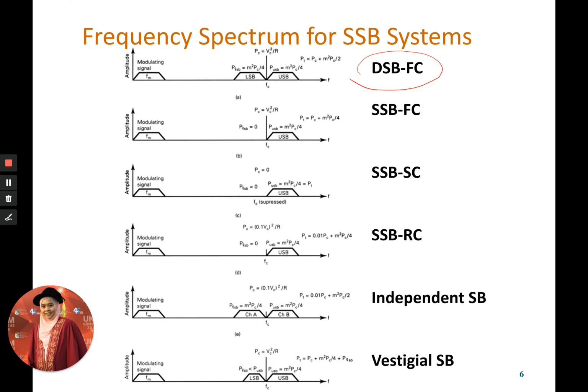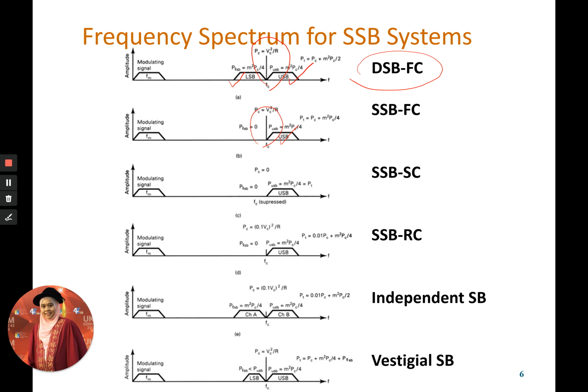It has double sideband, USB and LSB, as well as full energy on the carrier signal. But for the SSB full carrier, there is only one sideband, either upper or lower. This spectrum shows only the upper side, and also the full energy on the carrier signal.